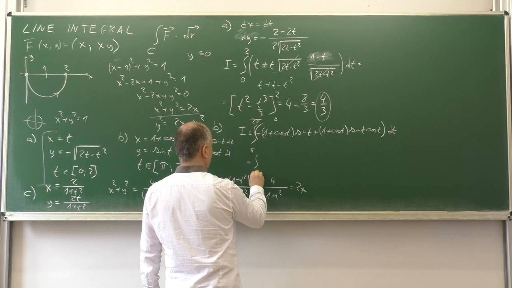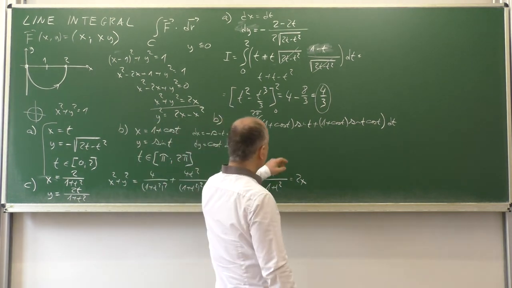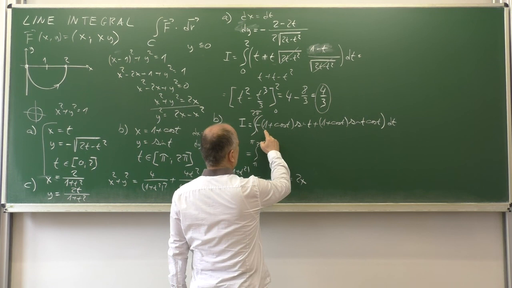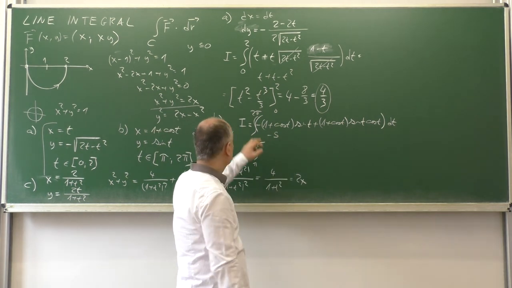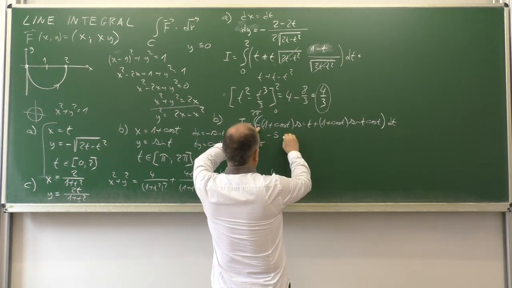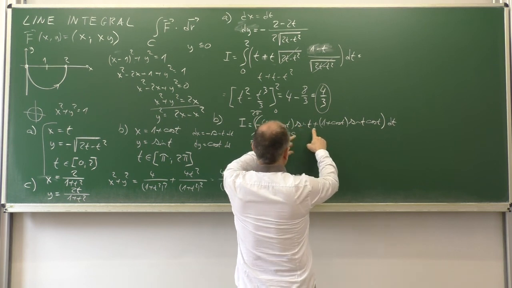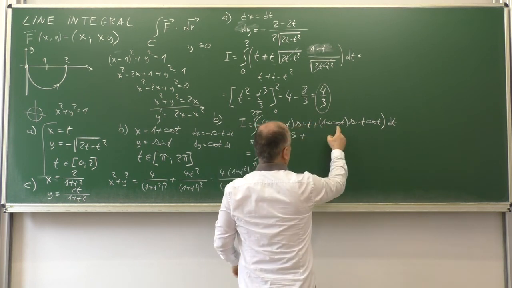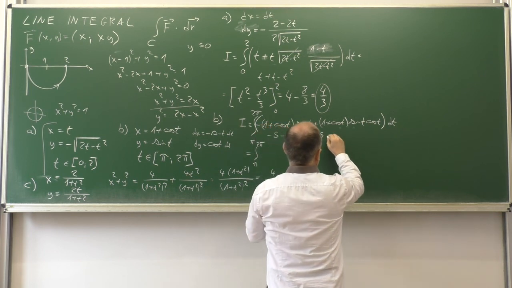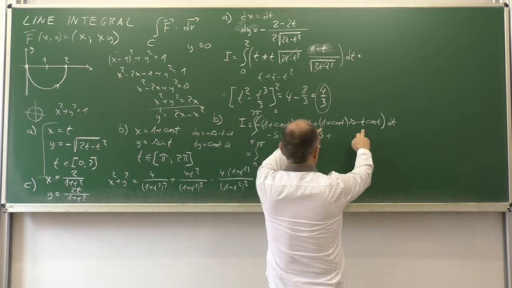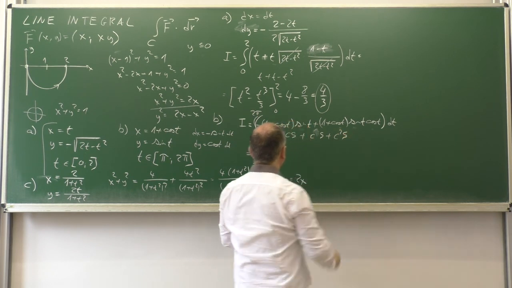So we have integral from pi to 2 pi, and when we simplify this a little, if we expand this multiplication, then we have minus sine, minus cosine times sine, plus cosine squared sine, plus cosine sine, plus cosine squared sine.